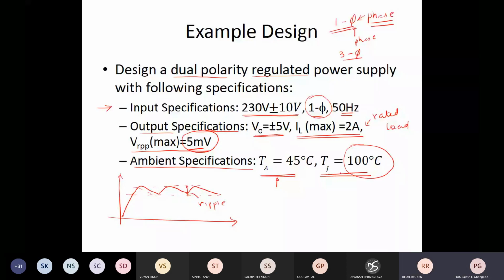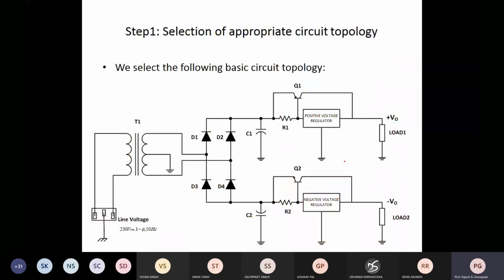So let us see the design. It's going to be very interesting if you look at it carefully. Otherwise, it will be very boring to you. Let us first of all select the circuit topology. As we have already seen, this is the circuit topology which we are selecting. The very first step is selection of appropriate circuit topology.